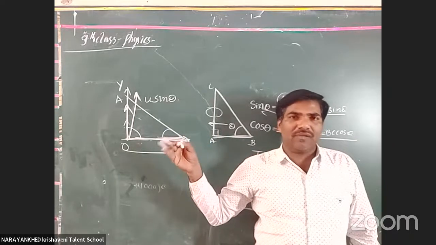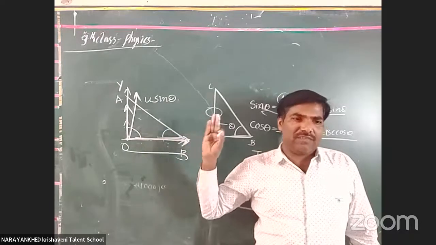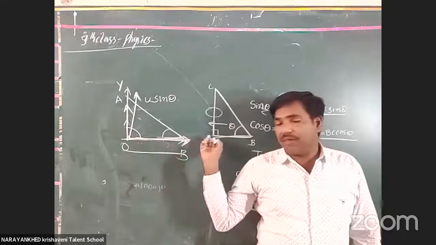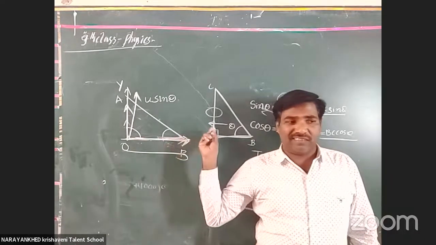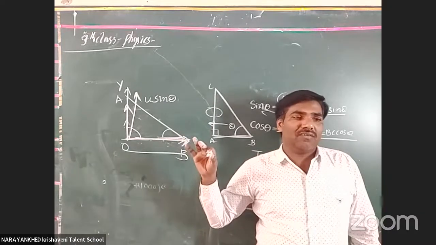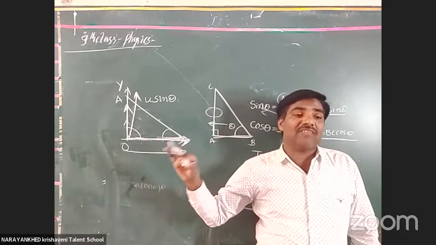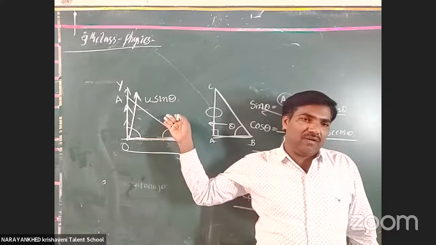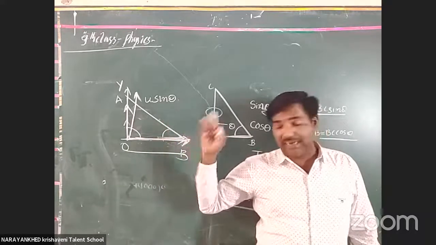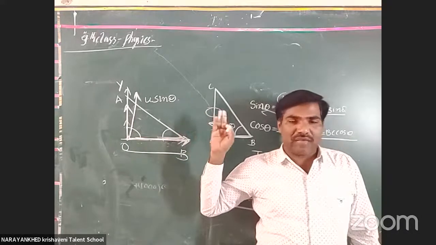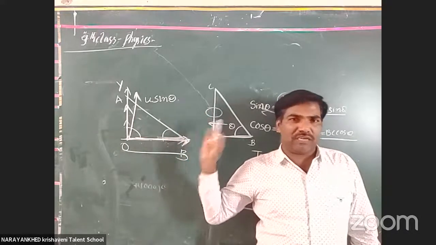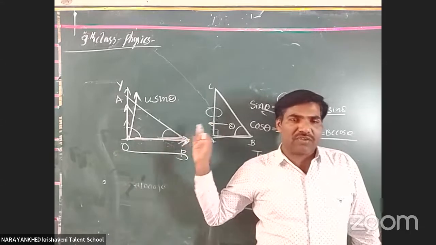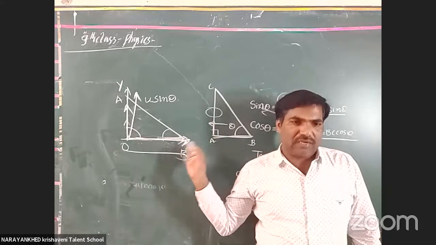In other terms, along the y-axis, velocity will take the sin theta component. Along the x-axis, cos theta. Along the y-axis, sin theta. Got it or not? The sin function always indicates the vertical component. The cos function always indicates the horizontal component.